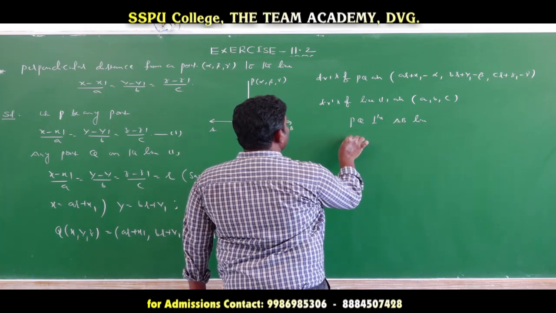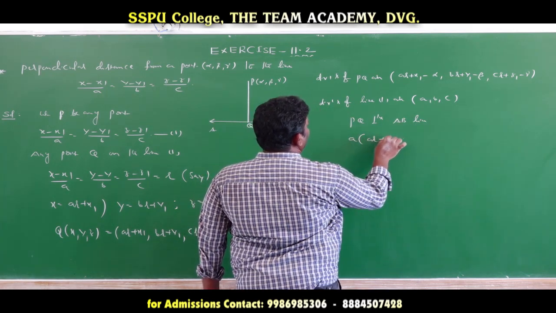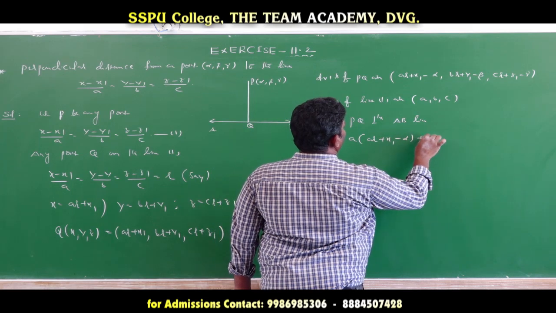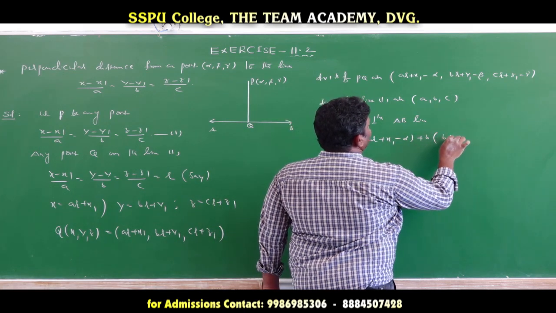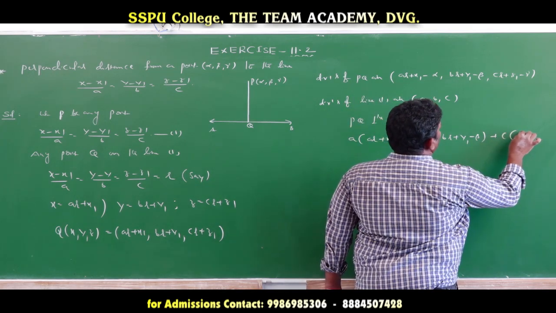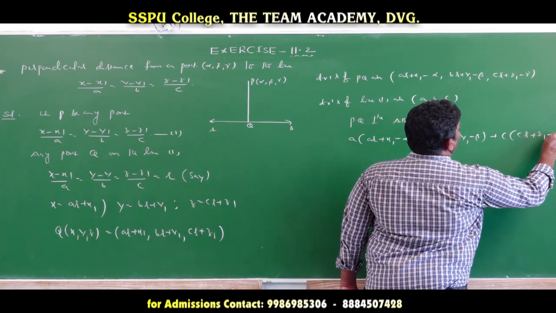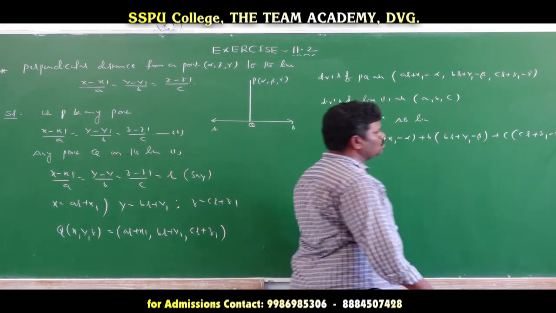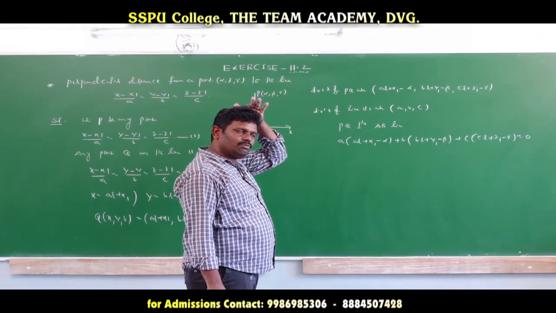So that's why a into (a r plus x1 minus alpha), plus b into (b r plus y1 minus beta), plus c into (c r plus z1 minus gamma) is equal to 0. This is like a1 a2 plus b1 b2 plus c1 c2.